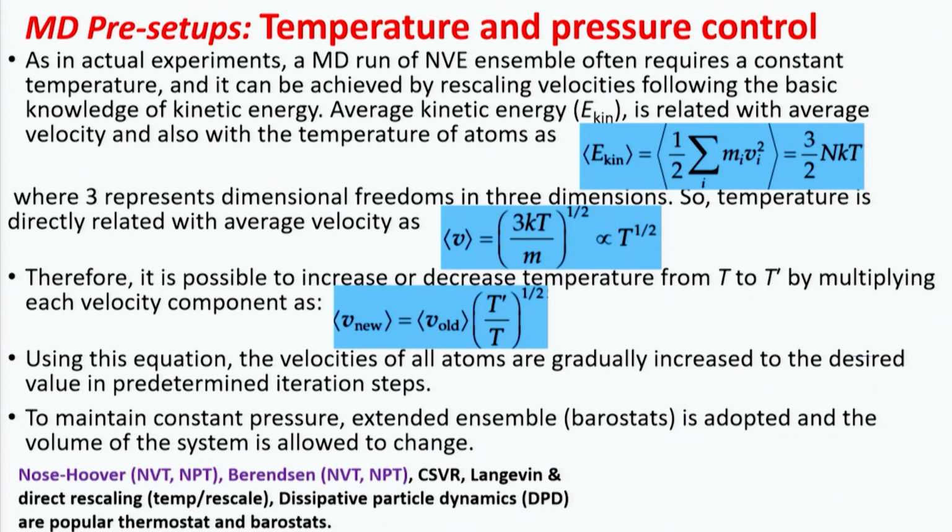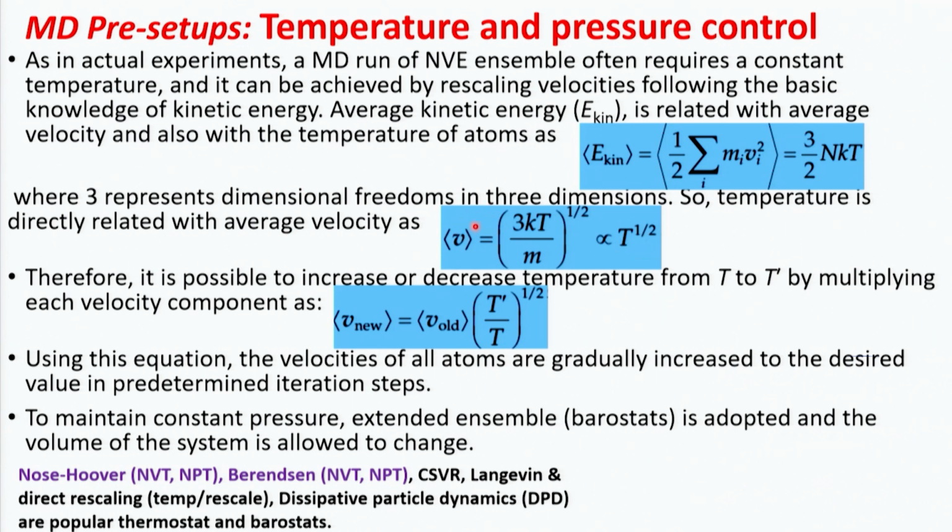So in an actual experiment, an MD run of an NVT ensemble often requires a constant temperature, and it can be achieved by rescaling the velocities following the basic knowledge of kinetic energy. Okay. So average kinetic energy, we know, is related to the velocity or the temperature. And the temperature can also be directly related to the average velocity like this.